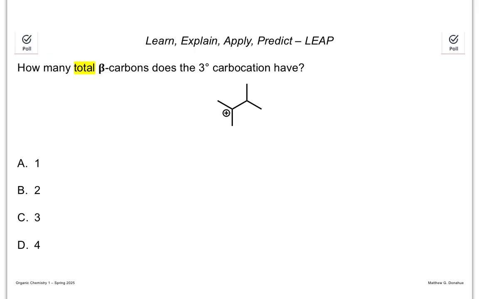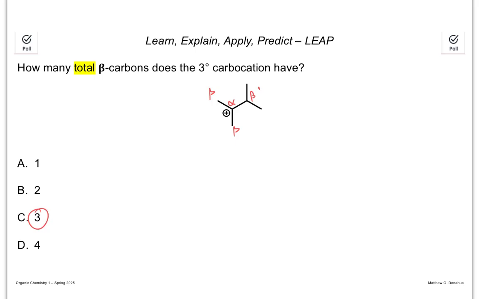So the total number of beta carbons now, remember we had to reclassify that as alpha, so we have beta, beta, and beta prime. The total number of beta carbons is now 3.